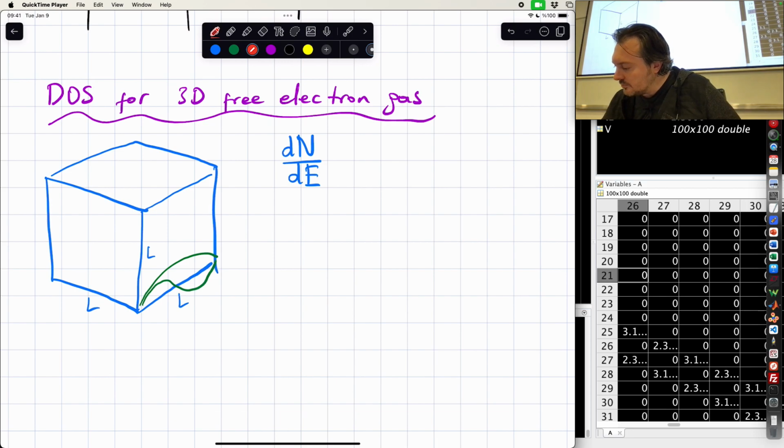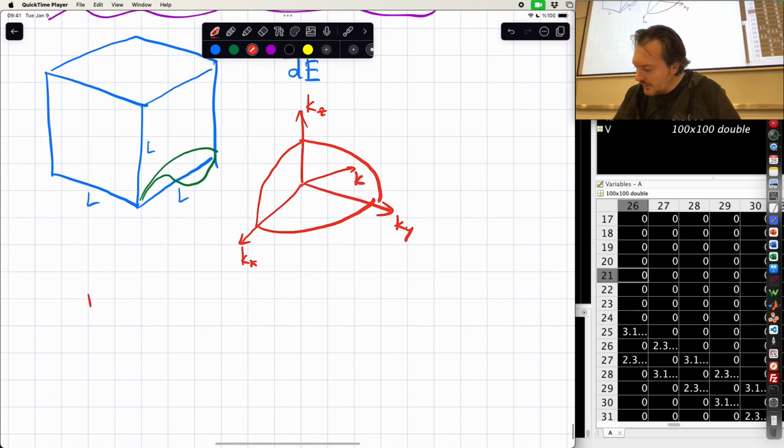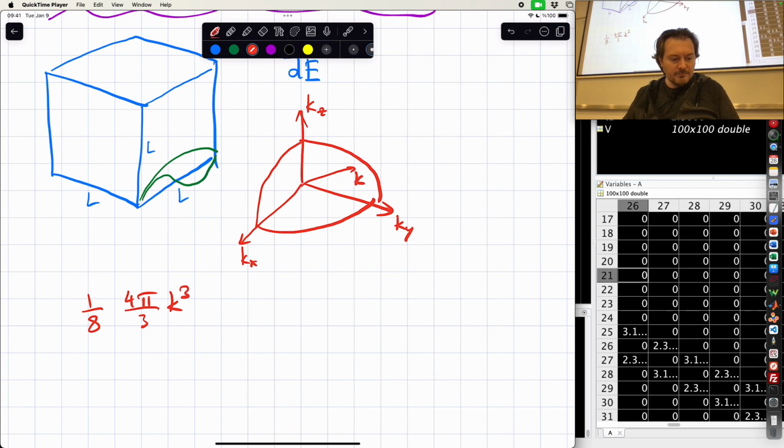So we would count the number of states within some sphere. This was Kx, Ky, Kz, right? And this K would give you a sphere, a 1/8 of a sphere, 4 pi over 3 K cubed, right?